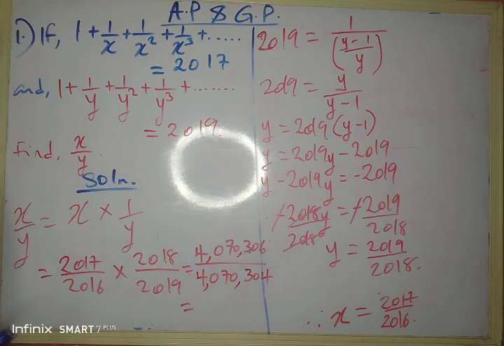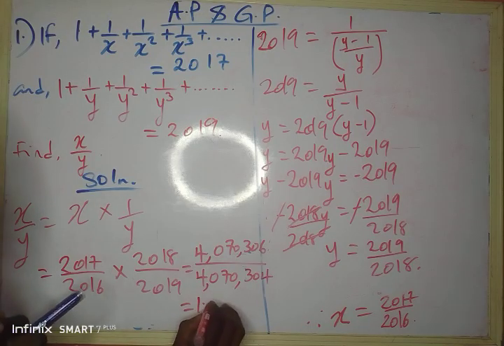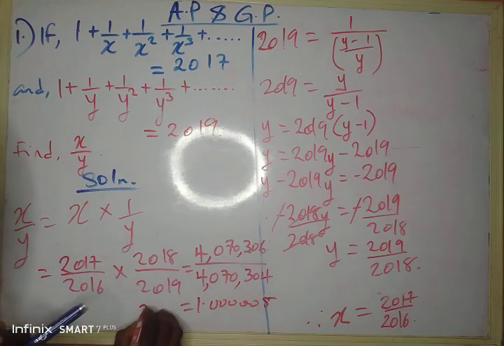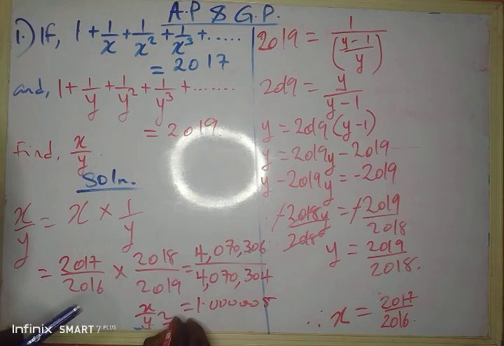Let's try to divide this: 4,070,306 divided by the answer. I'm going to have 1.000000 to a point of 5, which means x over y is approximately equal to 1.